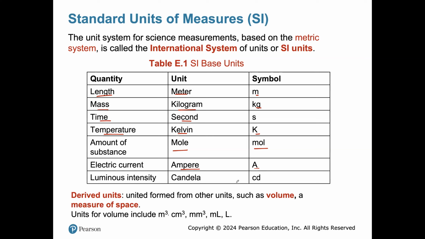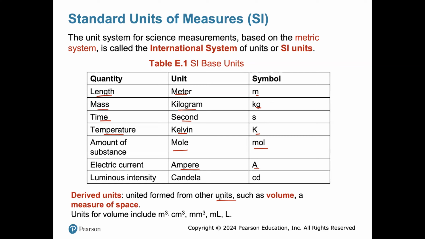So derived units are units formed from other units. For example, we know that meter indicates a measurement for length, right? But volume is a measurement of space. Where did we get volume? Volume is equal to width times height times length, right?